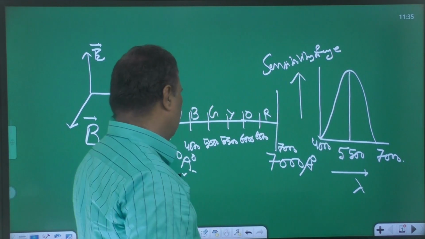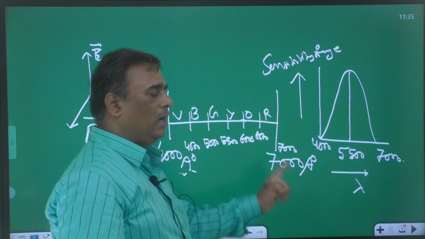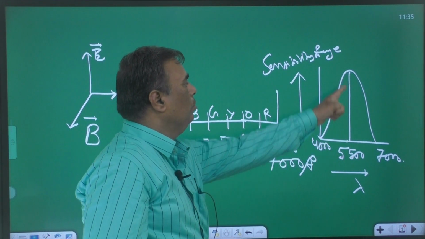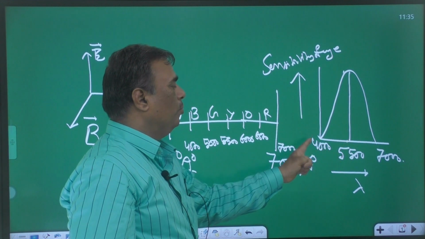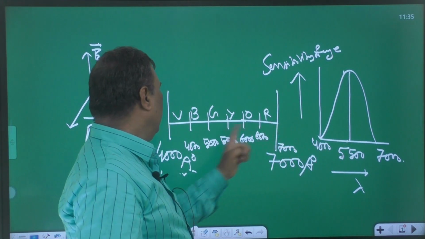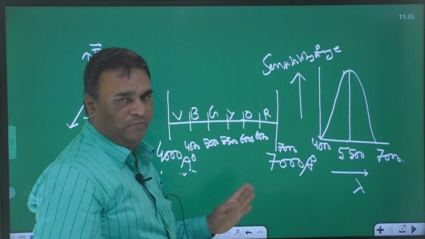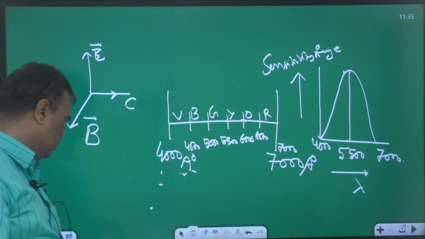The eye is most sensitive for the yellow-green color, and on both sides it is minimum, at the violet color and the red color. It's a very important point, always remember this also, students.